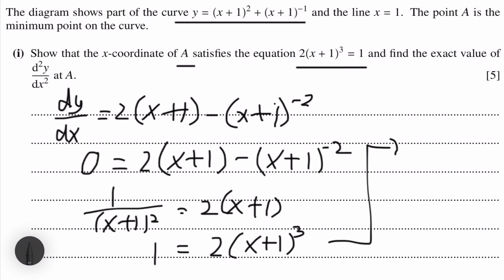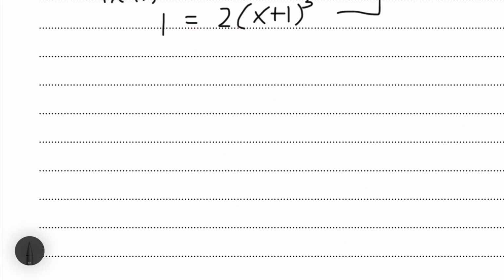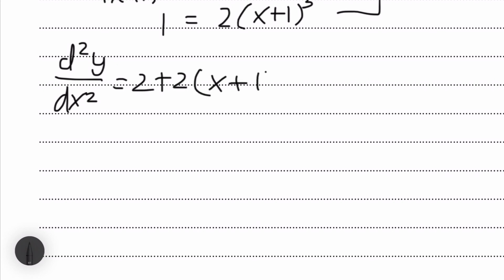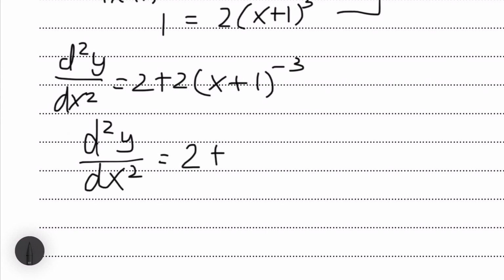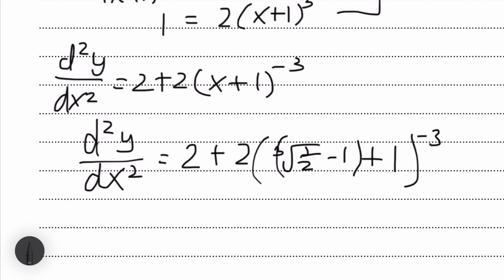That will give you x is equal to the cube root of half minus 1. Next, find the second derivative, d squared y over dx squared is equal to 2 plus 2 x plus 1 to the power of negative 3. When x is the cube root of half minus 1, which is what we got earlier, d2y over dx squared will be 6.